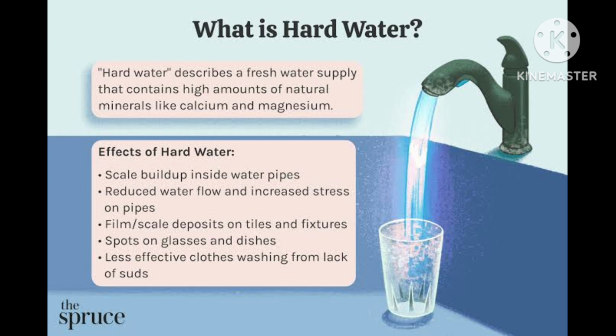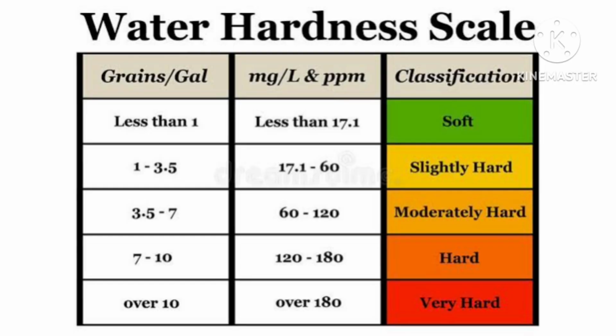Hence, it will form sodium salt of stearic acid and it is called sodium stearate. And this sodium stearate is the example of soap. Sodium stearate means salt of fatty acid. This is called soap.